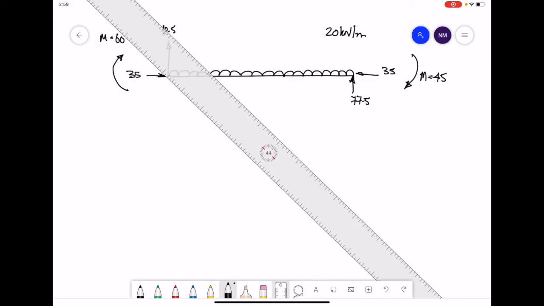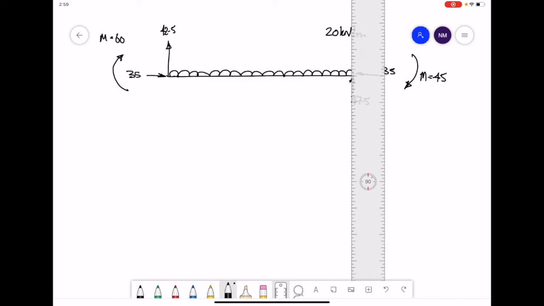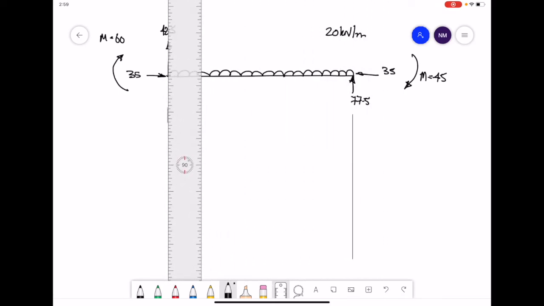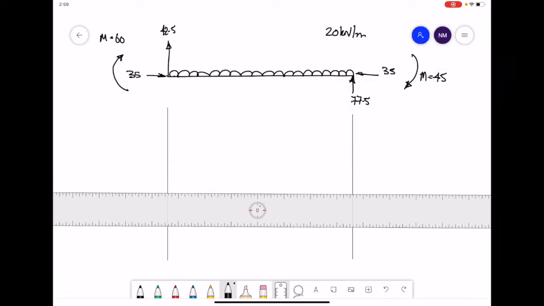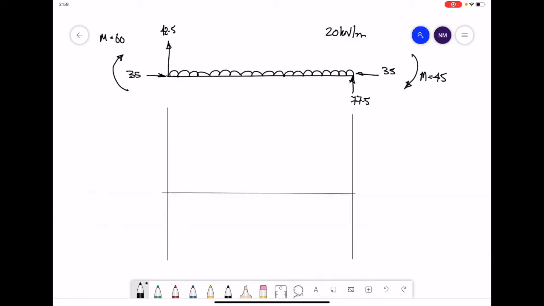First of all, I'm going to draw in some construction lines. Draw in a 0 line. I'm going to draw the first diagram, the shear force diagram. All the units are going to be in kilonewtons.